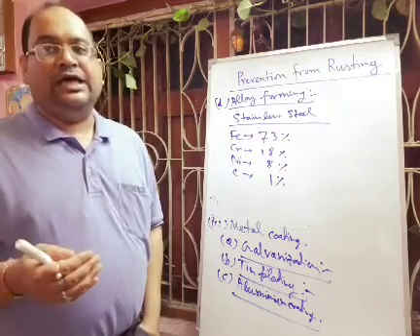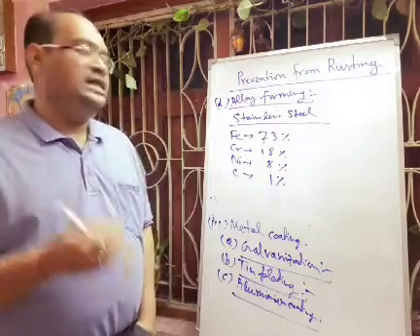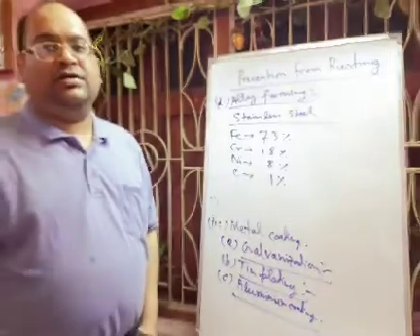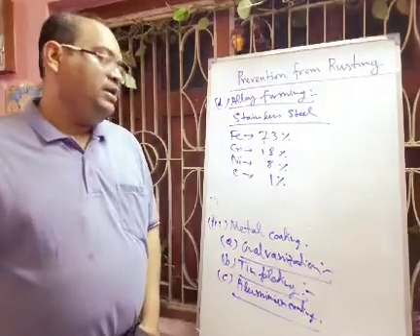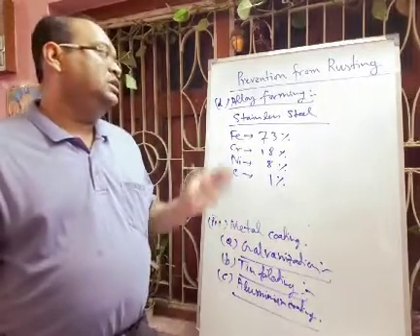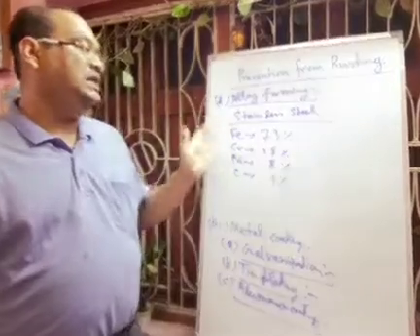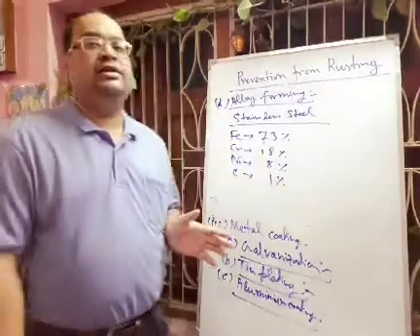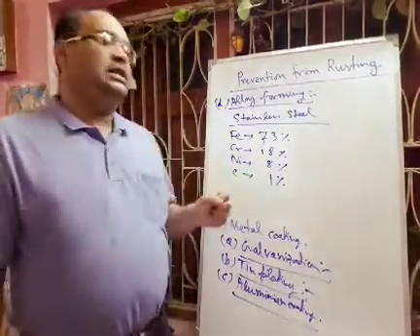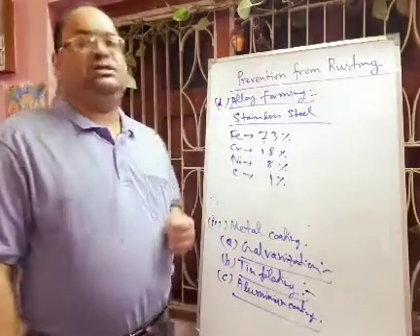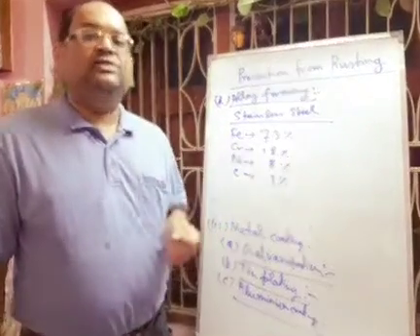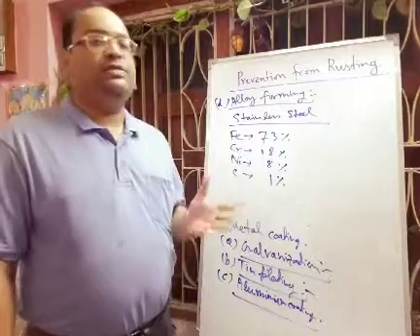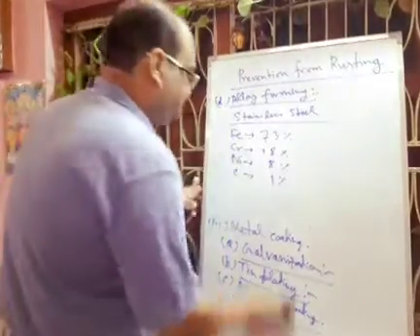And this gives high resistance to corrosion, and there will be no rusting. So this alloy forming is another process by which you can make the metal free from rust. Hope you can understand.